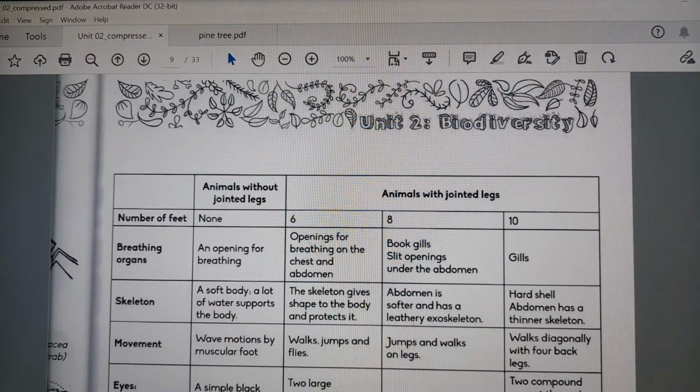When it comes to the number of feet, it has 8 feet, and it uses book gills, slit openings under the abdomen, to breathe. The abdomen is softer and has a leathery skeleton. As for movement, the spider jumps and walks, and it has 8 simple eyes.